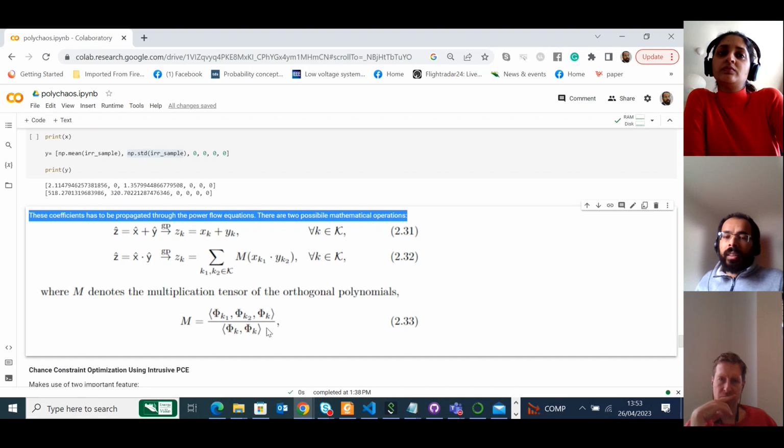Or assume that in a vector product, the inner product is like x1 x2 plus y1 y2, right? If you have x1 i plus y1 j and x2 i plus y2 j, what is the inner product? It's x1 x2 plus y1 y2, something like that.